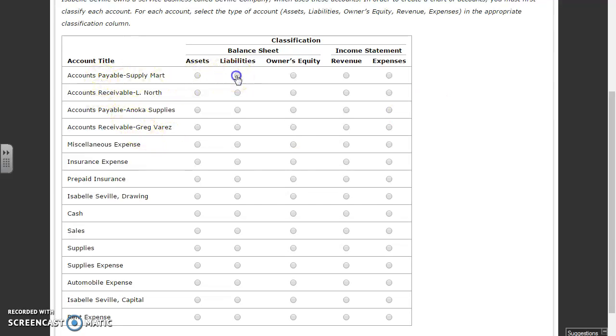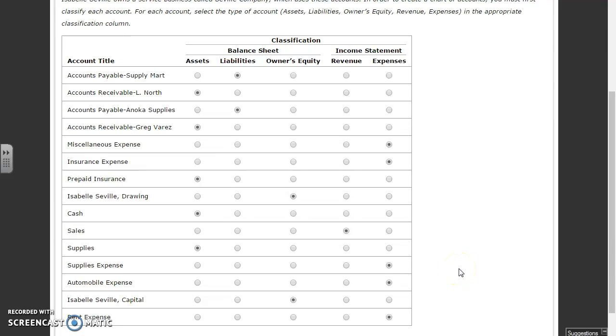So accounts payable, liability; accounts receivable, asset; accounts payable, liability; accounts receivable, asset; miscellaneous expense, expense; insurance expense, expense; prepaid insurance, asset; drawing, owner's equity; cash, asset; sales is revenue; supplies, asset; supplies expense, expense; automobile expense, expense; capital, owner's equity; and rent expense is an expense.